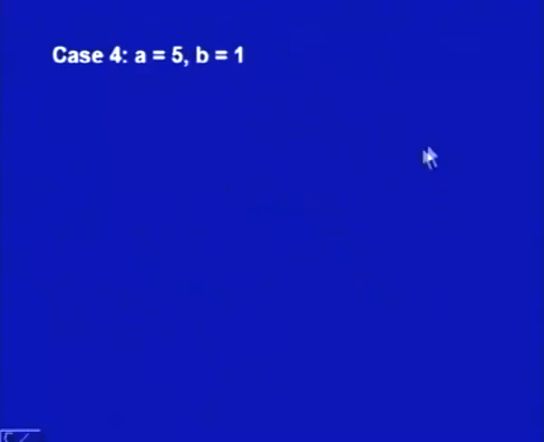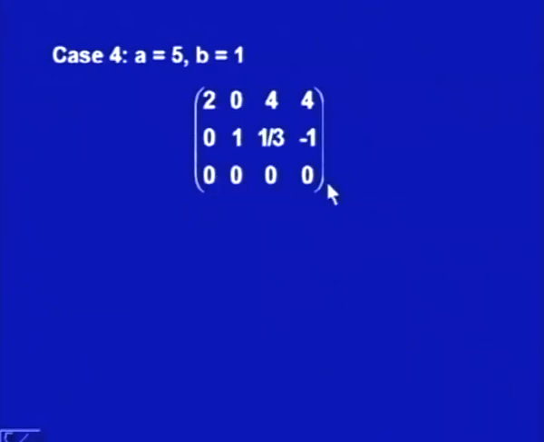And the last case is when A is equal to 5 and B is equal to 1. If this happens, then our augmented matrix will look like this. Now, what will happen? This is the coefficient matrix, and this coefficient matrix has a row equal to 0.